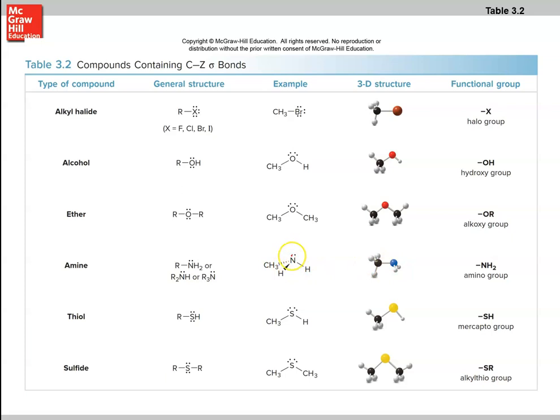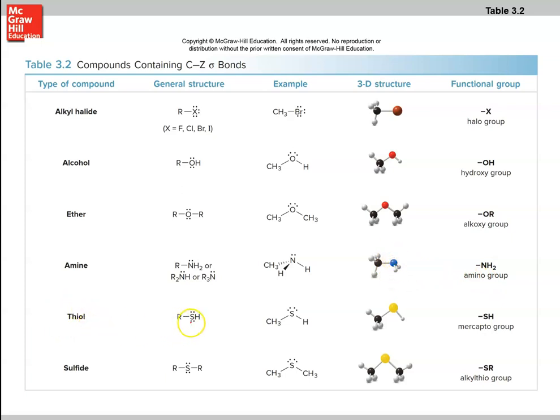Remember, if it does have a lone pair, it's going to have this trigonal pyramidal shape. Pyramid, because you can kind of see that comes down, and it's not planar, it's not flat, it's got a pyramidal shape. So this is an amine functional group. That NH2 group is referred to as an amino group. So you might have heard of an amino acid because they have this group on them.